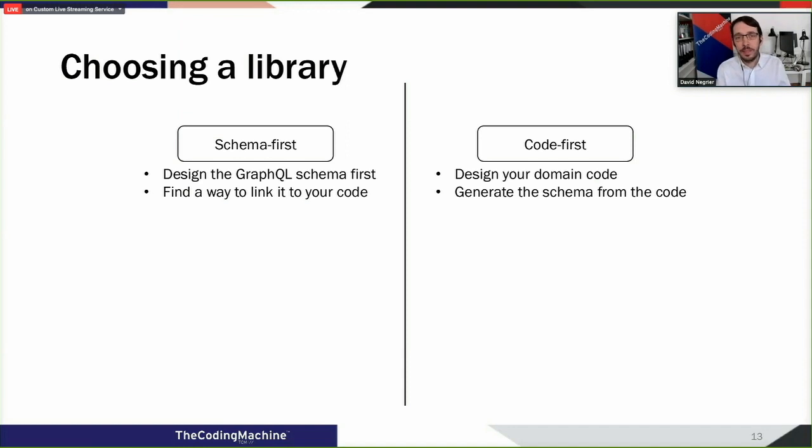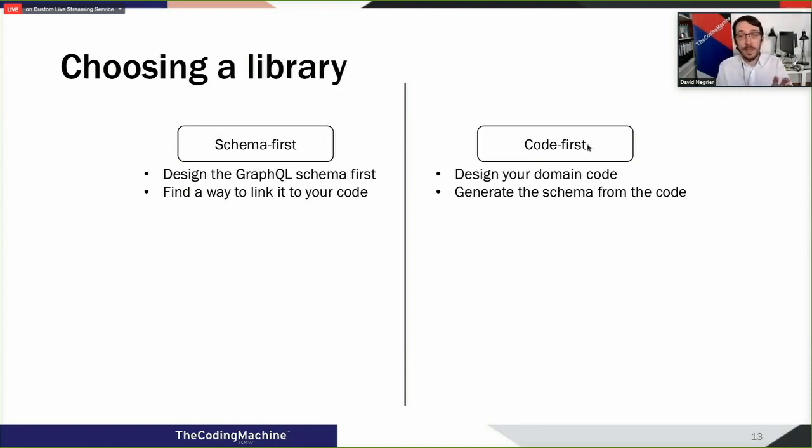Basically, when you are using a language that is loosely typed, you tend to have libraries that are schema-first. If you're doing JavaScript, you will find a lot of schema-first libraries. On the other hand, if you are using a strictly typed language like Java, you will find a lot of code-first libraries.